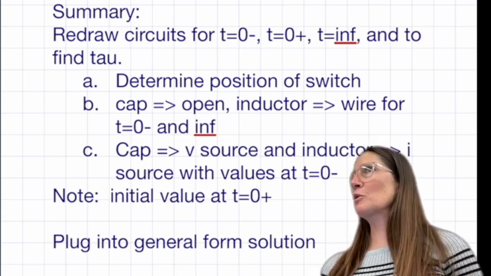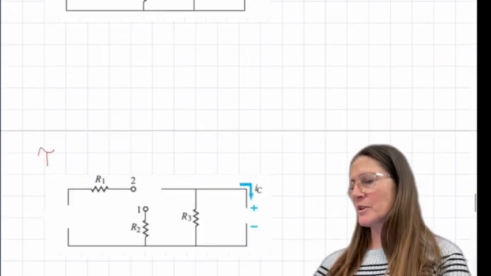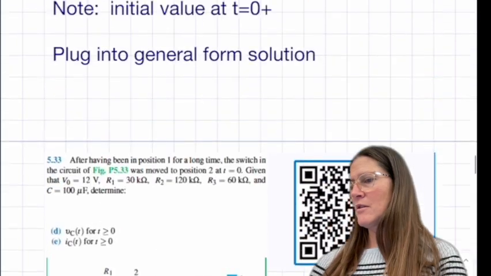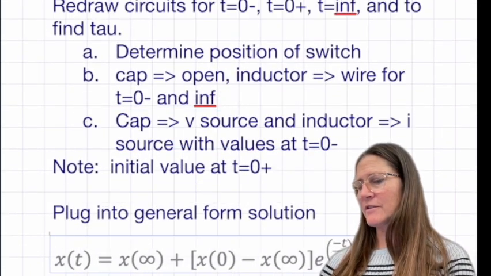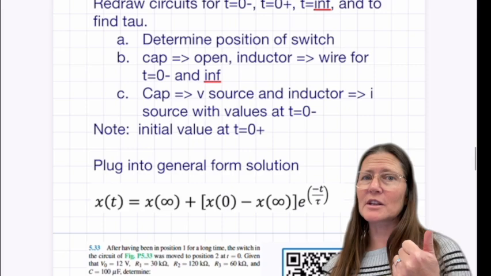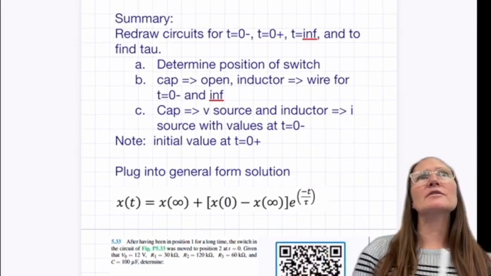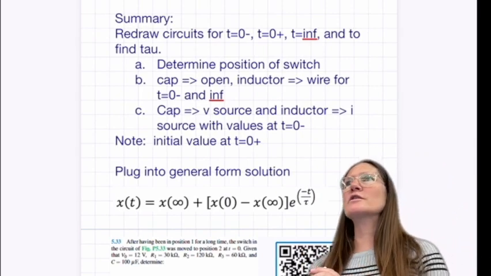So we went through last time finding the solution, and we have that general form equation. To do the general form equation, this is kind of a summary in my own words of how to do that. So you're redrawing the circuits each time: time equals 0 minus, time equals 0 plus, time at infinity, and then you need to redraw it to find tau.